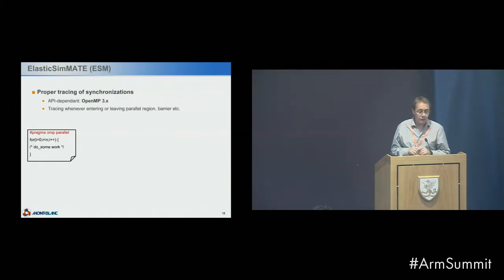Yes, so the difficulty is doing some proper tracing of the synchronizations for this kind of software, and we use OpenMP because that's one of the most popular APIs. We're using the parallel for kind of construct, and essentially, I'm giving you a very conceptual overview of what's happening on a workstation when it's running some OpenMP code from the source code that is depicted there.